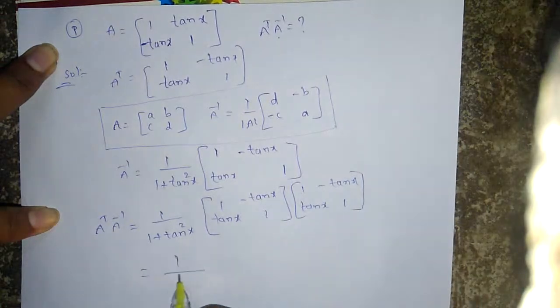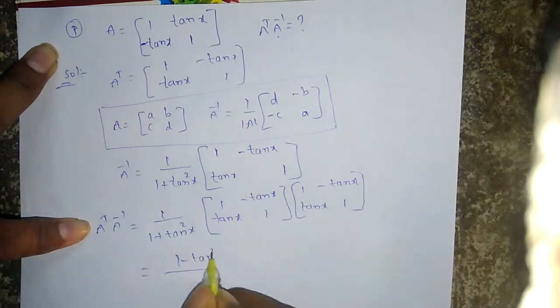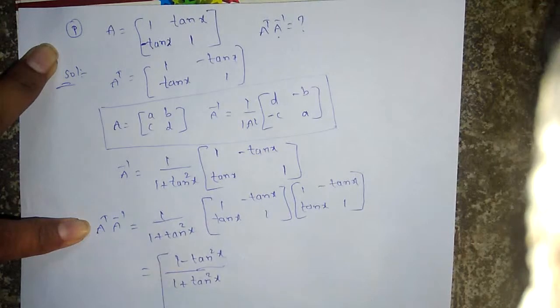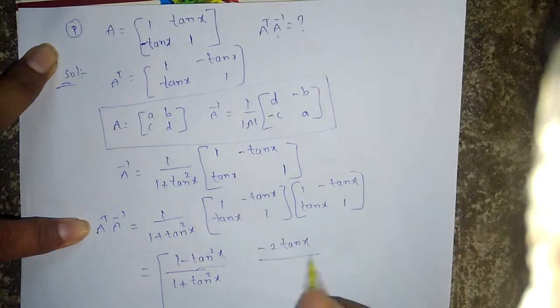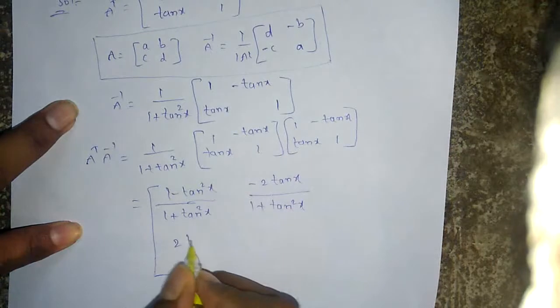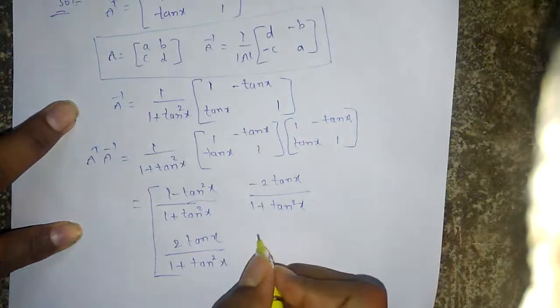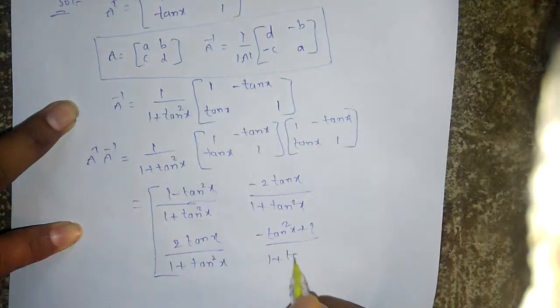Matrix multiplication gives 1 minus tan square x, then minus 2 tan x, next 2 tan x, and next 1 minus tan square x, each divided by 1 plus tan square x.